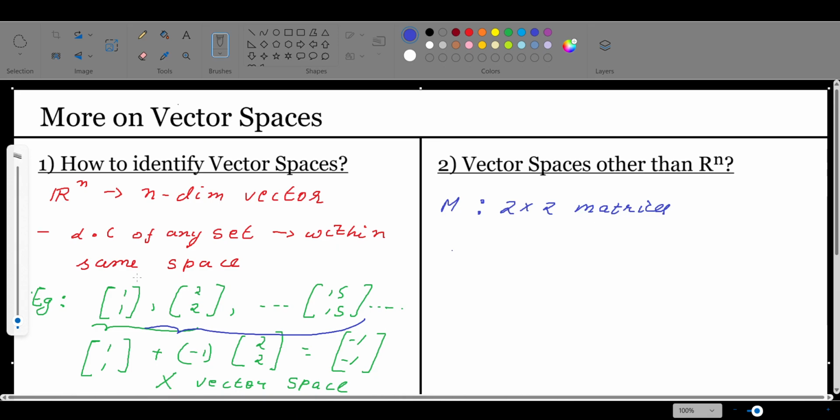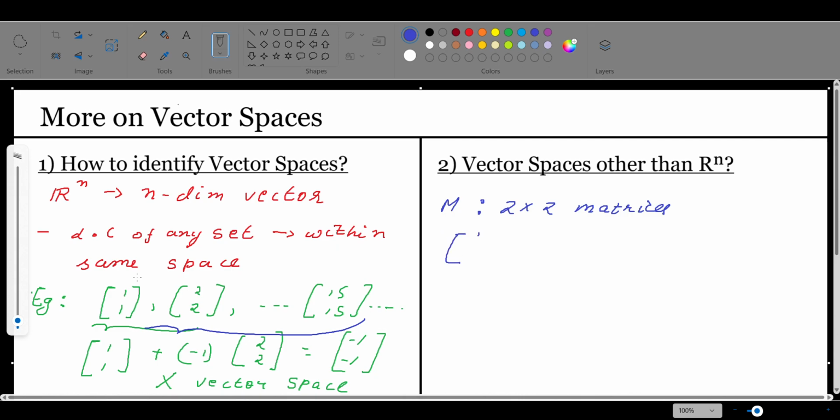So think of it in this way. Try adding any two 2 cross 2 matrices or multiplying them with a scalar value. It is going to result in a 2 cross 2 matrix because the dimensions or the shape of a matrix does not change with addition or multiplication with a scalar.